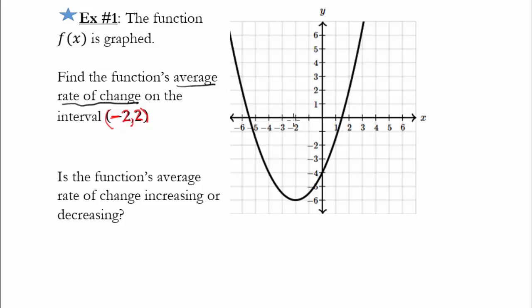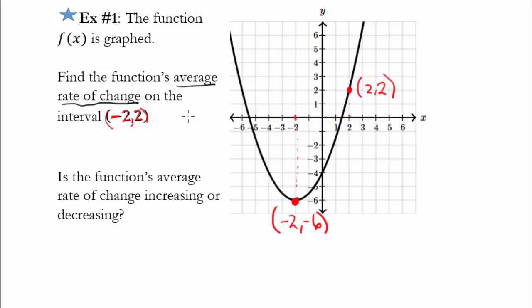When x equals -2, I go down, and it looks like I have the point (-2, -6). And when x equals +2, I go over 1, 2, and up, and it looks like I have the point (2, 2). So these are my 2 points.